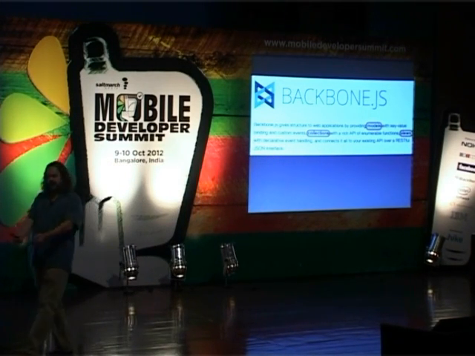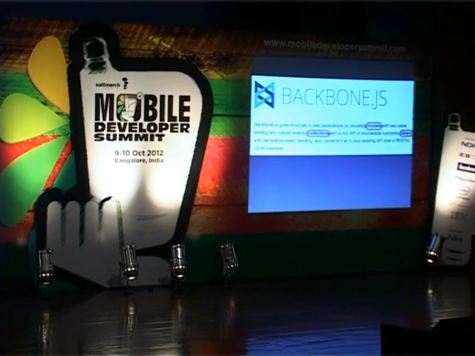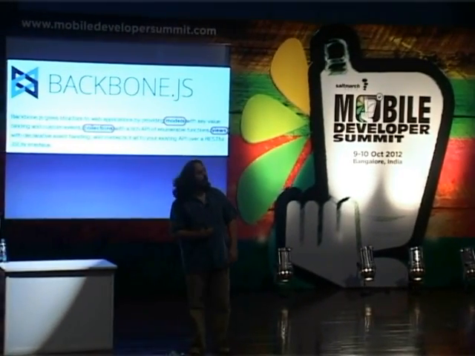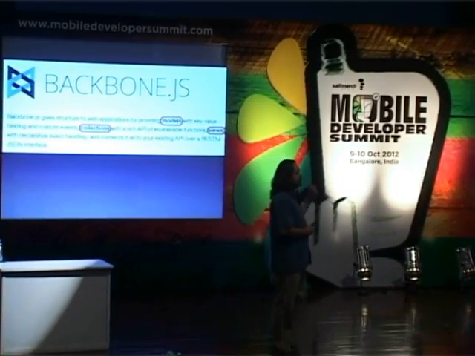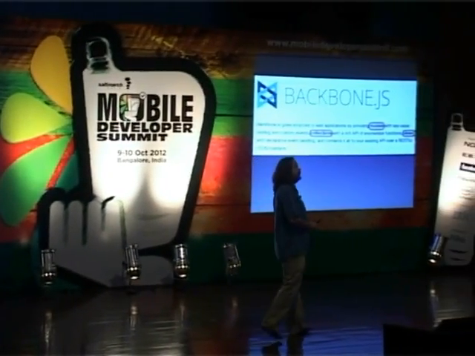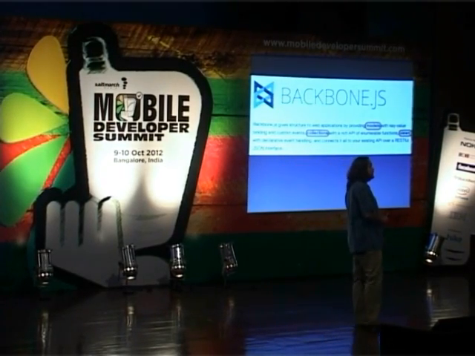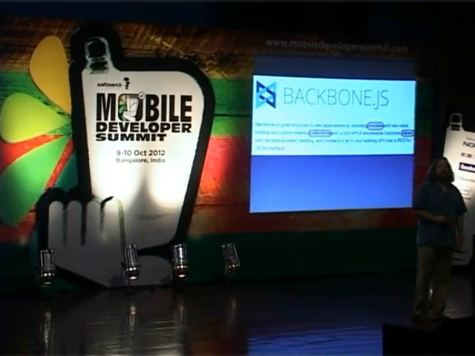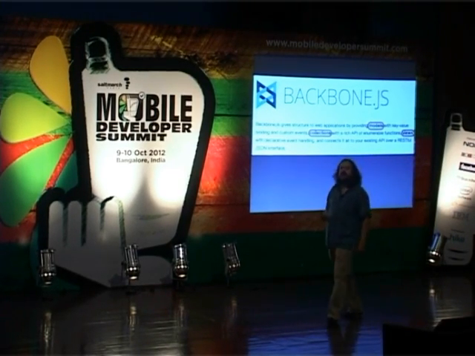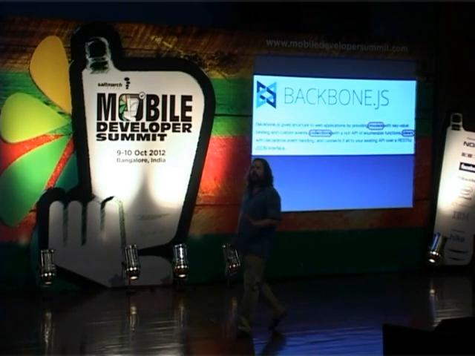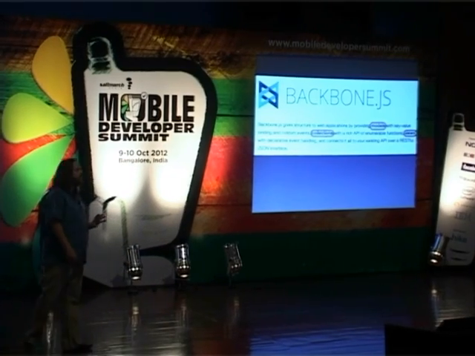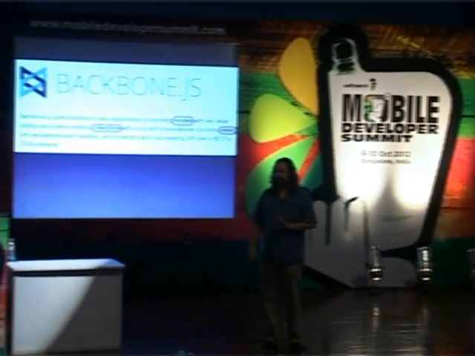These are going to be client-side templates. And the nice thing is, Backbone is completely agnostic about what client-side templating you use. As we're going to see in just a moment, you get underscore templates for free. But if you don't like underscore templates and you'd prefer to use handlebars, you can use that. If you'd prefer mustache templates, you can use that. If you'd prefer jQuery templates, you can do that. So you are going to be doing client-side templating, but the library you choose to use is completely pluggable.